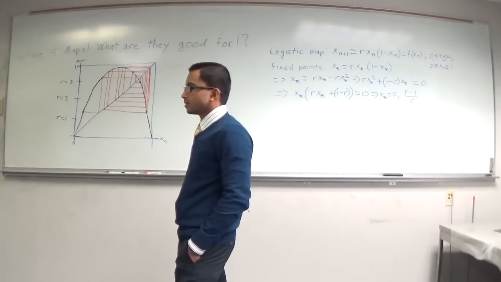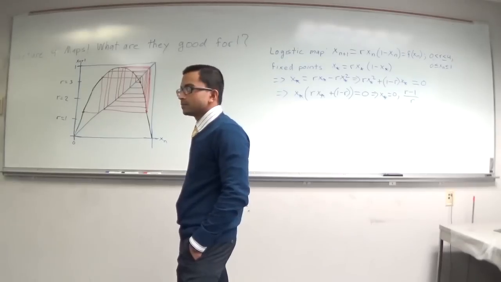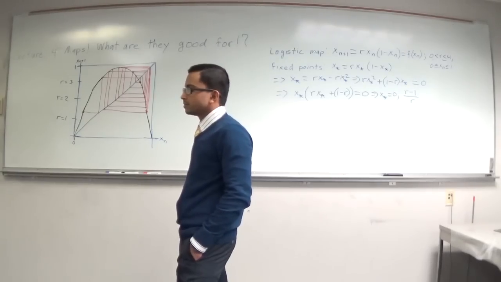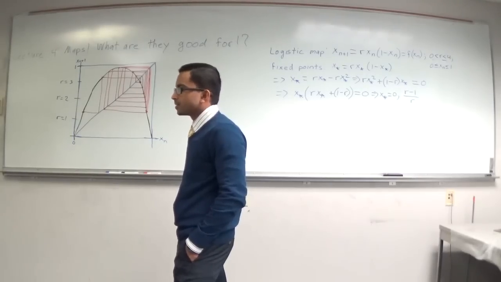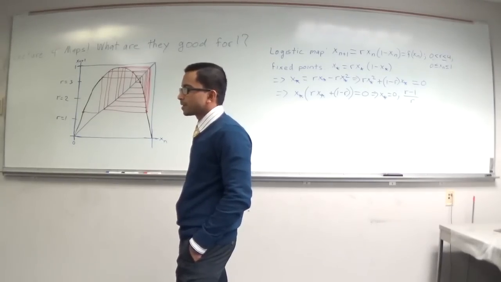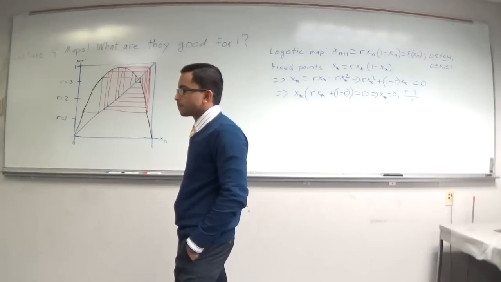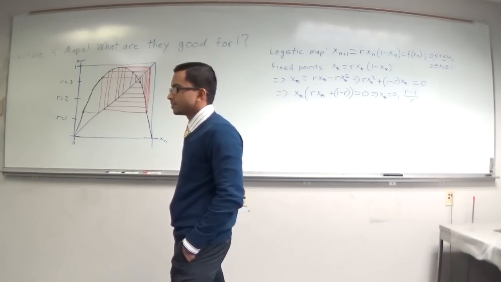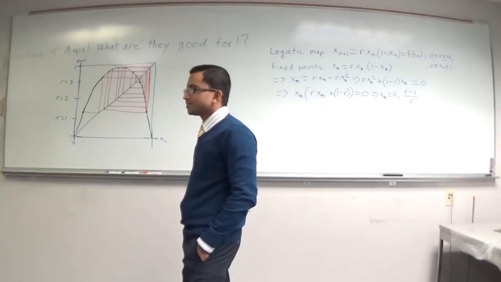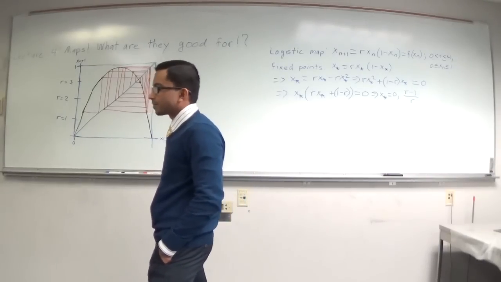So discrete dynamics can show chaos at much lower dimensions than continuous dynamics. As a matter of fact, if you have a system of two planar differential equations, you cannot have chaotic solutions in 2 dimensions, not enough room.